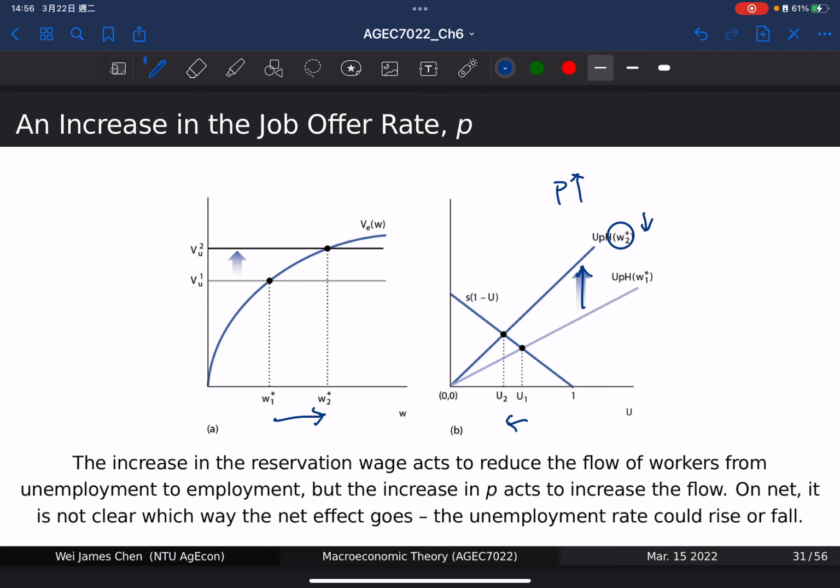Any questions so far? So I demonstrated two possible channels for what happens to the model when B and P increase, right?